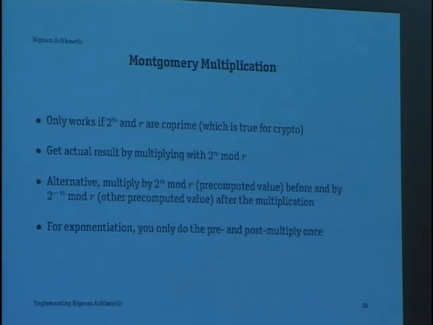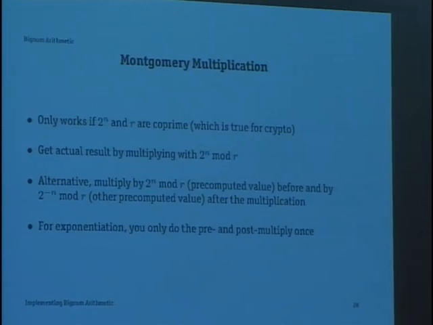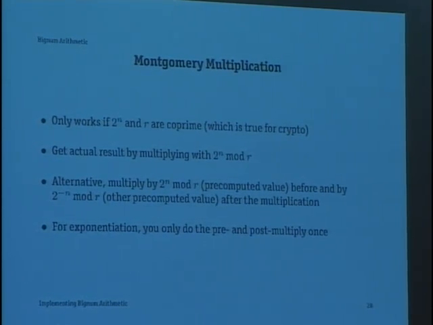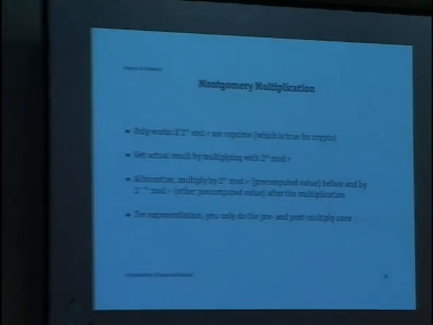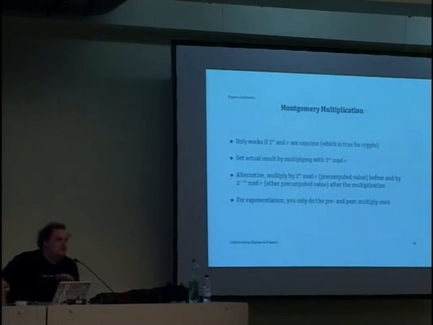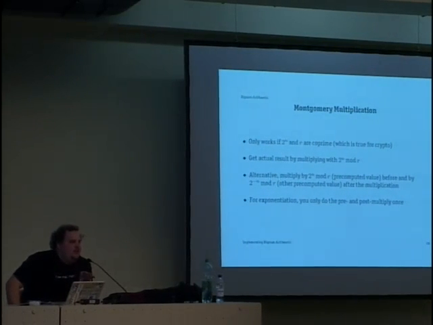I could explain it, but it took me like a week, so you should look it up if you really want to know why this is allowed. But Montgomery multiplication works. The problem is that you have to pre-calculate on the numbers you want to multiply, and you have to have some step after the actual multiplication. And added up, that's about the same cost as the multiplication in the first place.